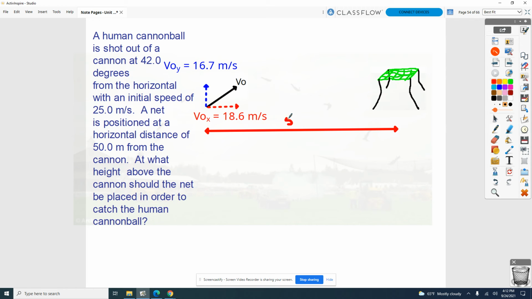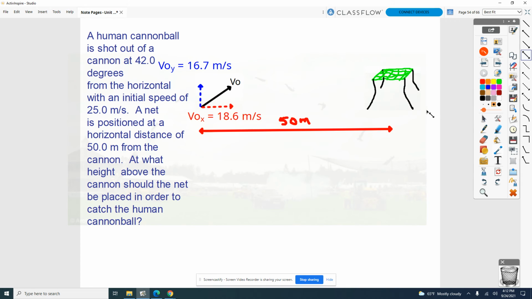And in this case here, our goal is to figure out how high up it should be to catch him midair. So let's go ahead and switch it over to blue. I'd like to know that height. Okay, so that's our final answer. So let's see how we're going to do that. We know enough information about its horizontal motion to determine how long he will be in the air.